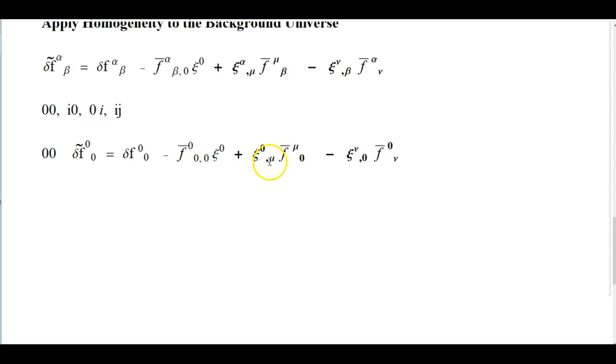So mu I can replace with nu in this expression, and then these two terms will cancel each other.